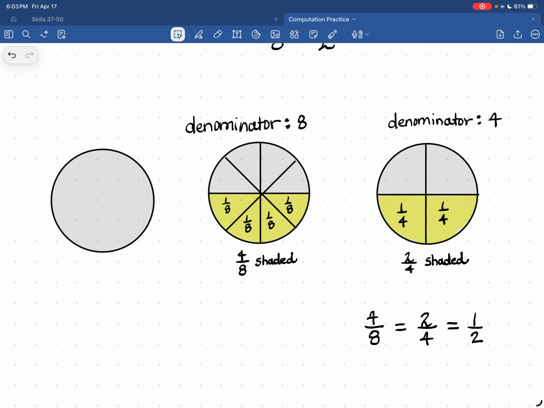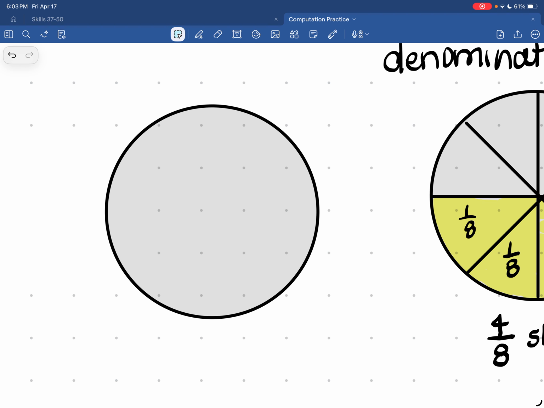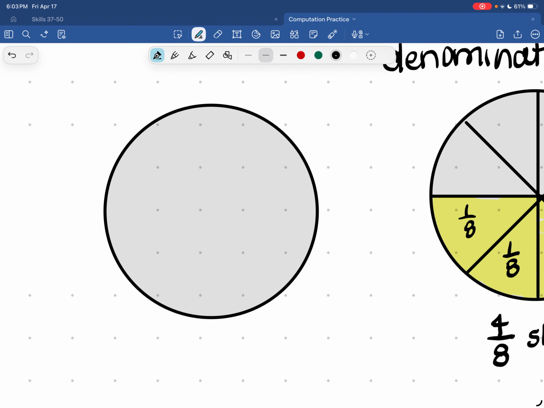All right, so this time, let me show you how to draw this one. I want you to draw it using the thirds that we've done. So we're going to cut this way, and then we're going to cut this way, and then we're going to cut this way. So that denominator would be a 3.